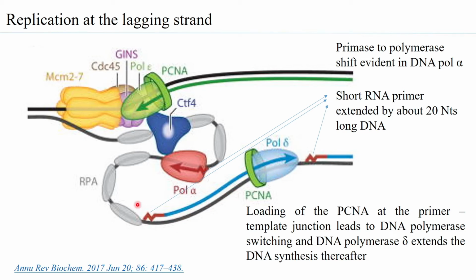So effectively now what should happen during elongation is that these fragments have to be made continuous. So how would they be made continuous? By, of course, removing the primer region, that is the RNA region, and filling up the gap after removing the primer and sealing the DNA so that it becomes a continuous DNA.